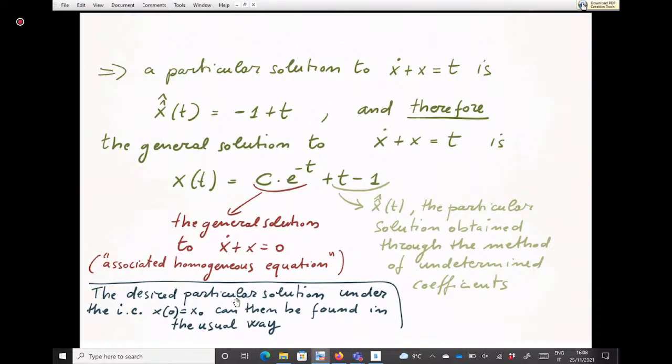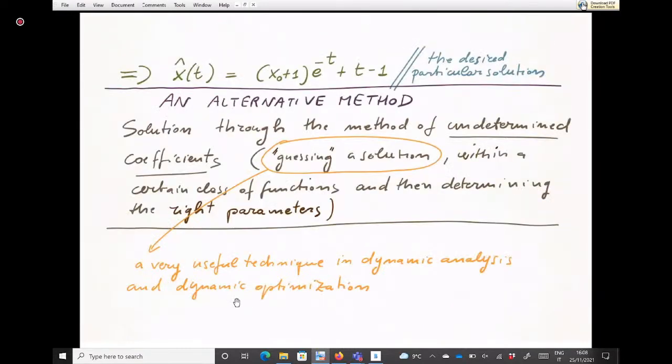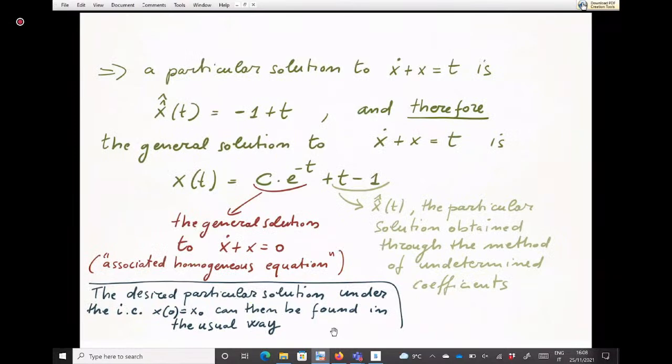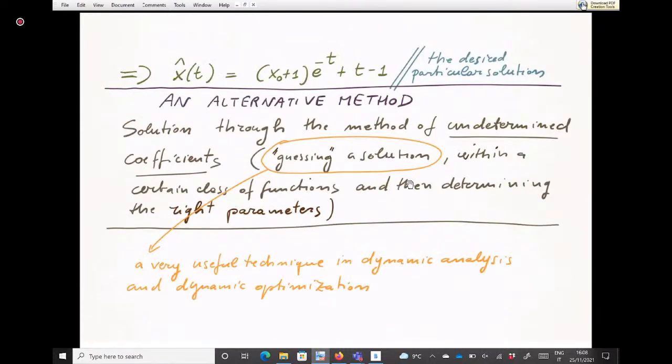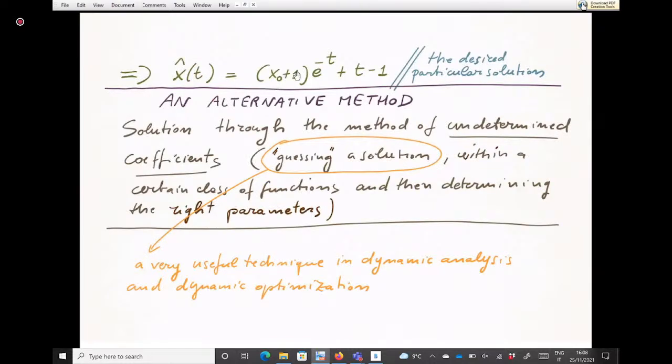If we want to find a particular solution, we impose x at time 0 equal to x0. This becomes c minus 1 equal to x0, so c is equal to x0 plus 1. And this is why we find at the end x0 plus 1 exponential minus t plus t minus 1.